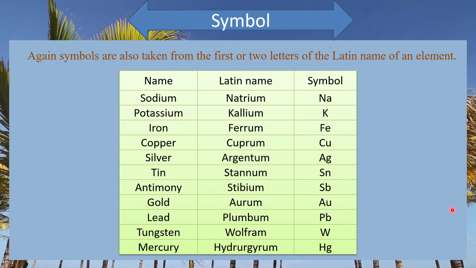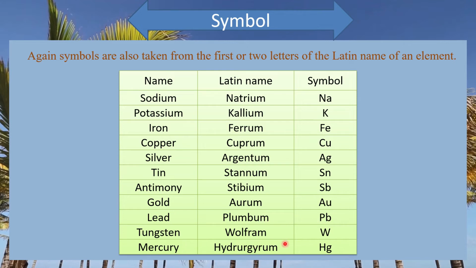Silver, argentum, symbol Ag. Tin, stannum, its symbol is Sn. Antimony, stibium, symbol Sb. Gold, aurum, its symbol is Au. Lead, plumbum, its symbol is Pb.